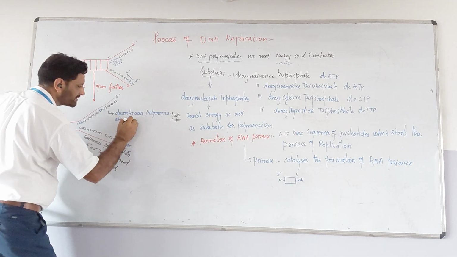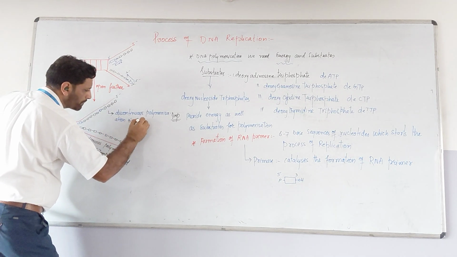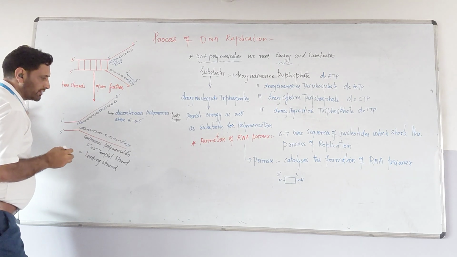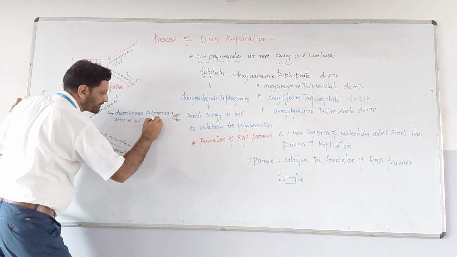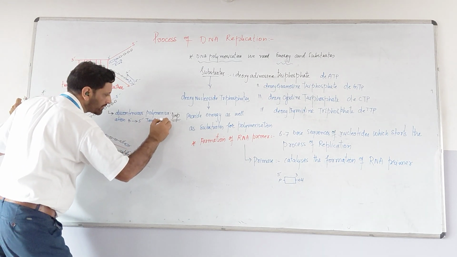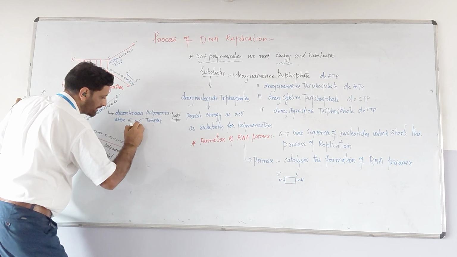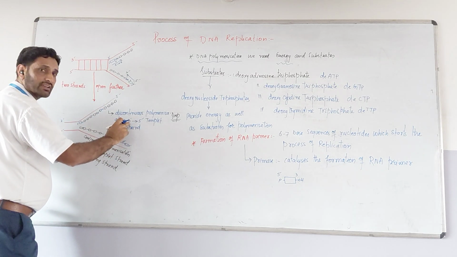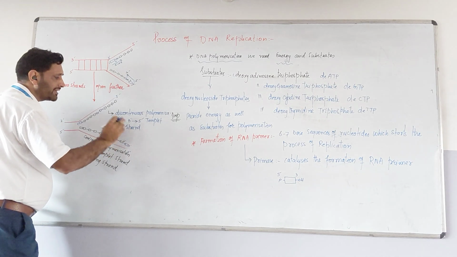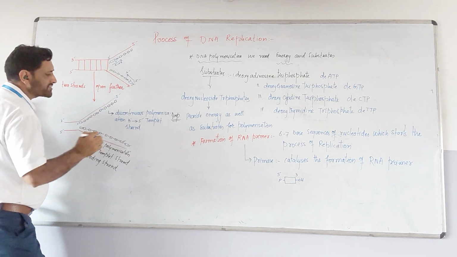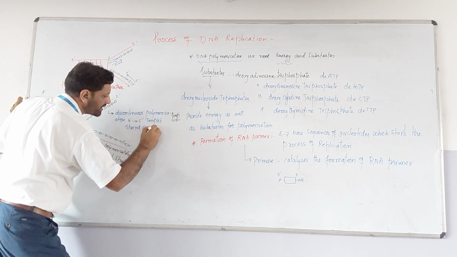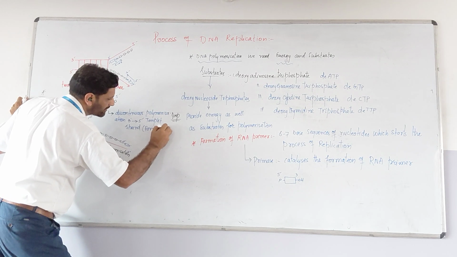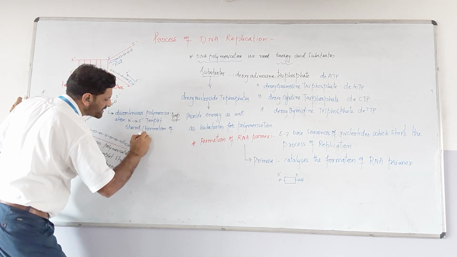Discontinuous polymerization occurs in the 3' to 5' direction of the template strand. In this discontinuous polymerization, on the 3' to 5' template strand, there is formation of fragments of DNA.